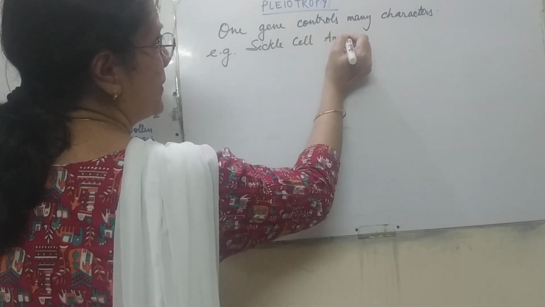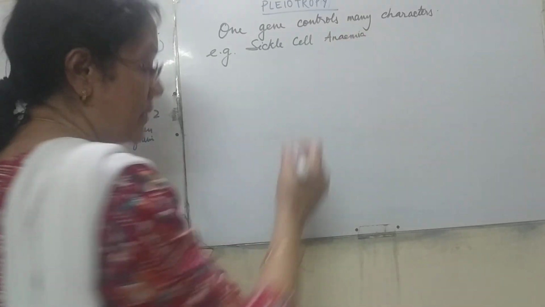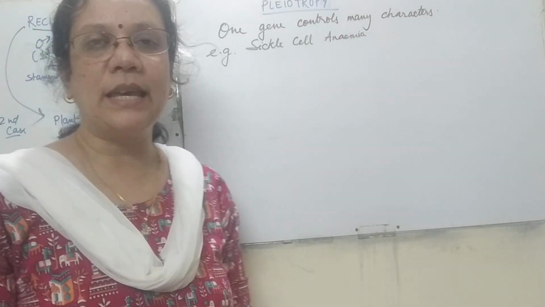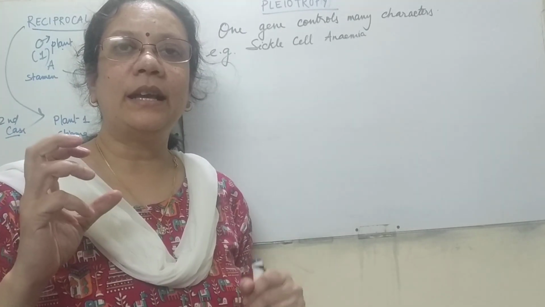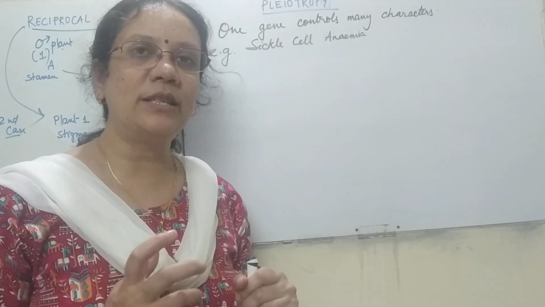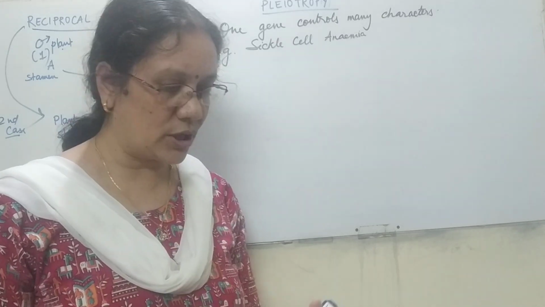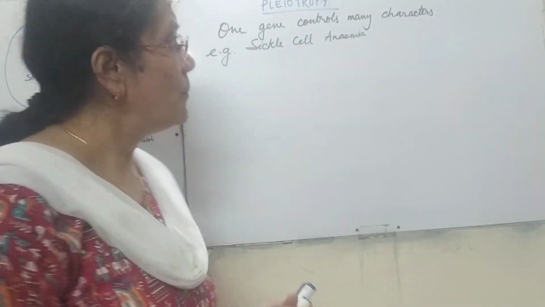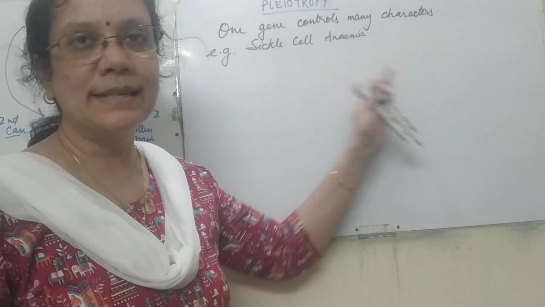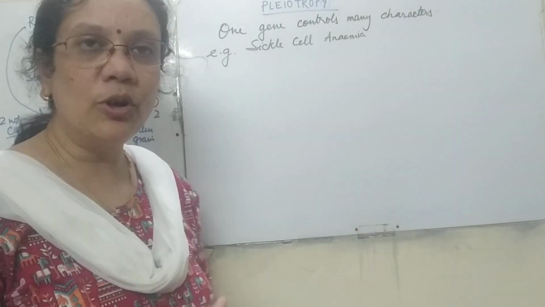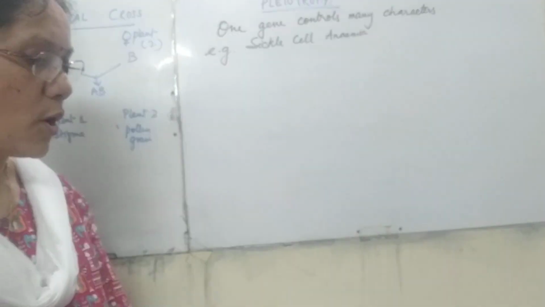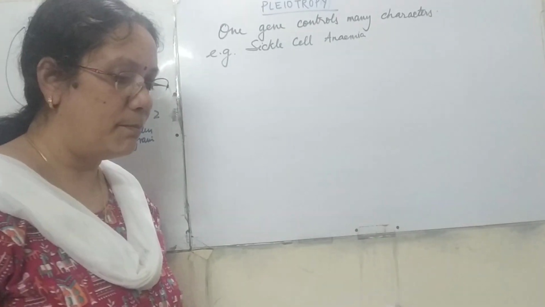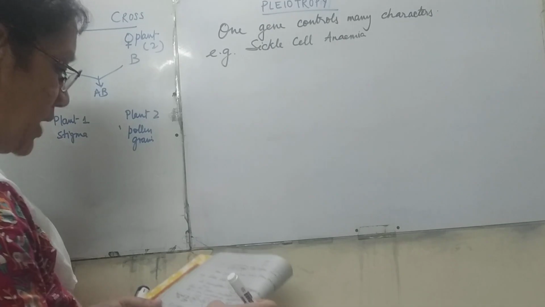This is a type of anemia in which the shape of the RBC changes, and the oxygen carrying capacity of the RBC also changes. Now I am going to explain to you how this is happening. Now in hemoglobin there are two chains, that is, it has two alpha chains and two beta polypeptide chains.